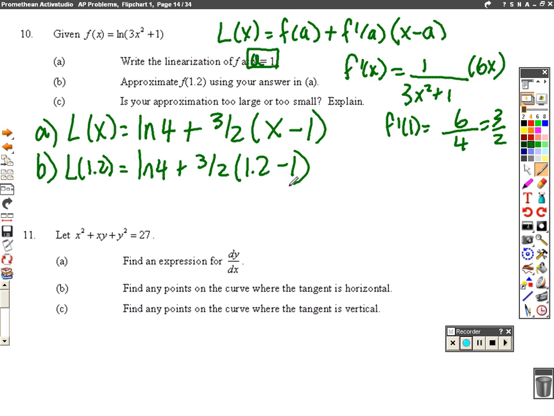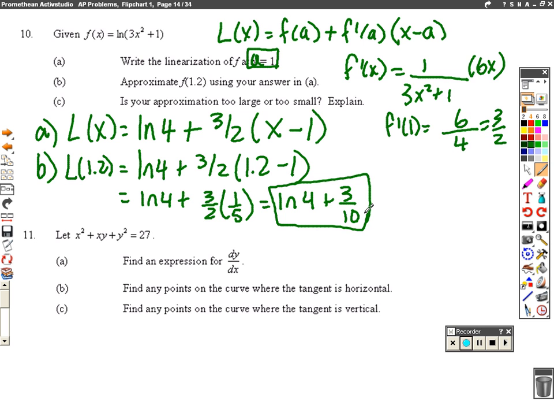If I plug that into my calculator, we get the natural log of 4 plus 3 halves times 0.2, which is really the same thing as 1/5. So that's really the natural log of 4 plus 3 over 10.